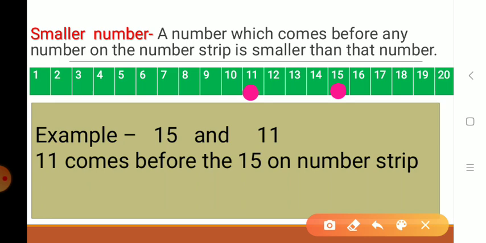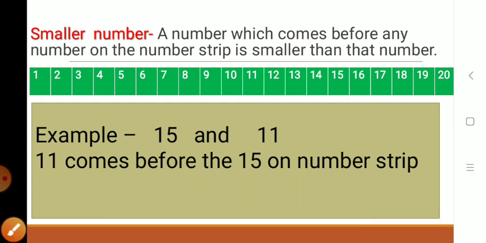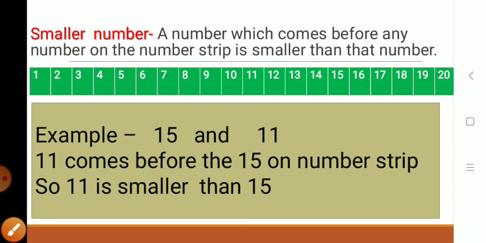We have to start from 1: 1 2 3 4 5 6 7 8 9 10 and 11. 11 comes first and then 12 13 14 and 15. 15 comes later. So 11 comes before the 15 on the number strip, so you can say that 11 is smaller than 15.